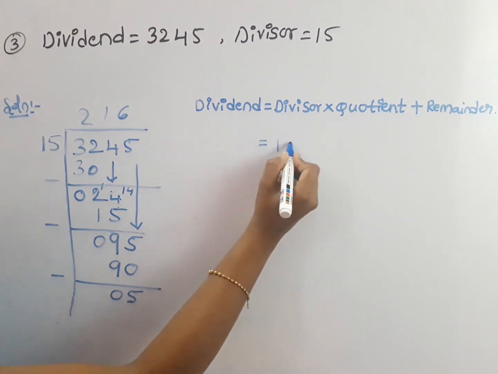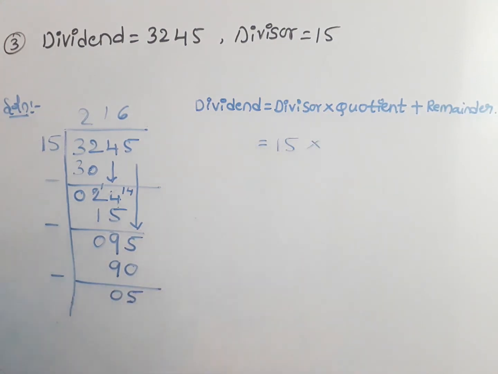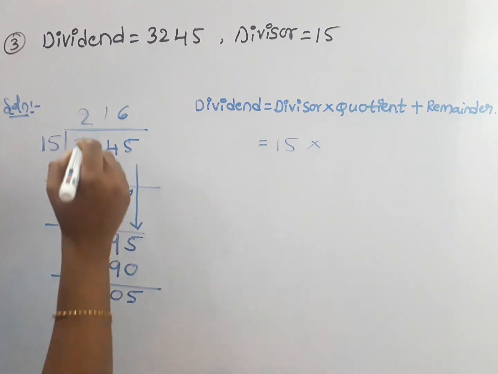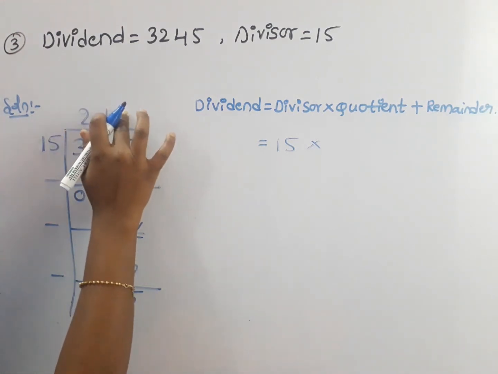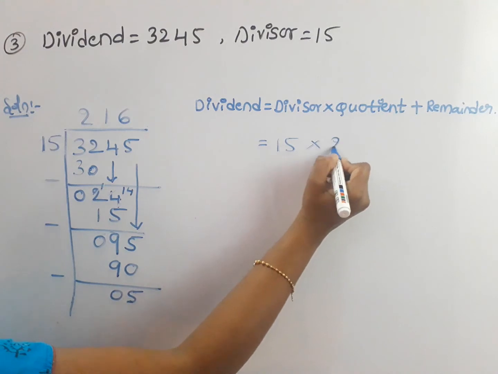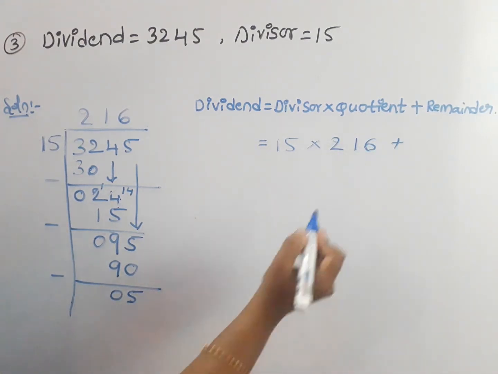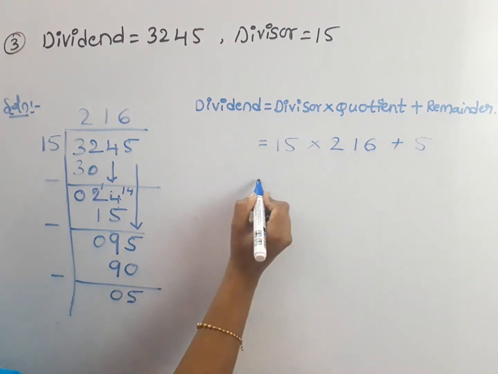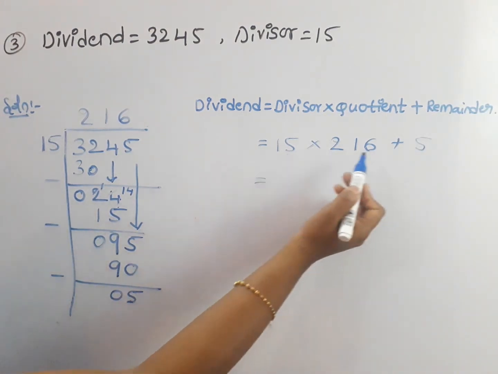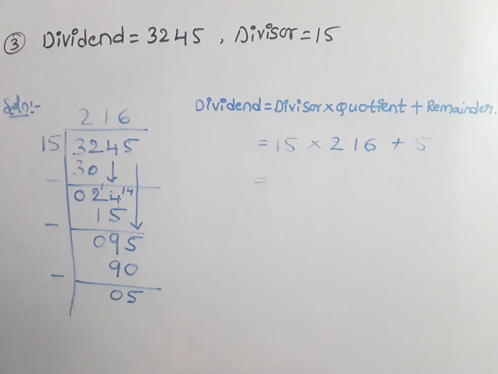Divisor is 15 into the quotient. The quotient is 216, plus remainder is 5. So now 15 into 6. 15 6s are 90.